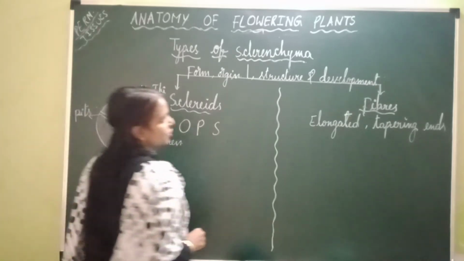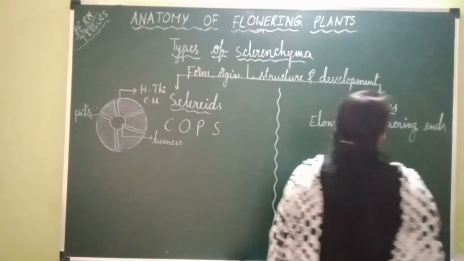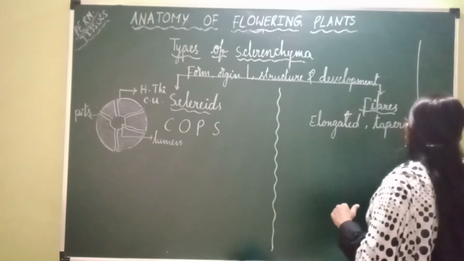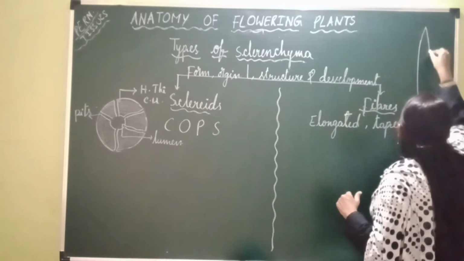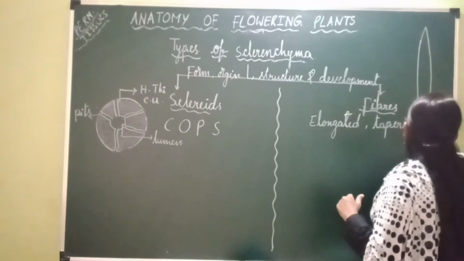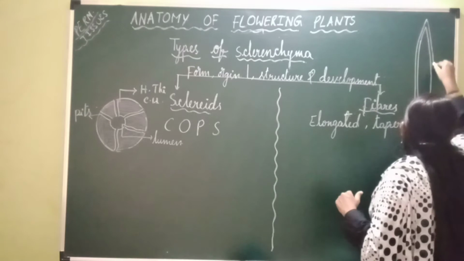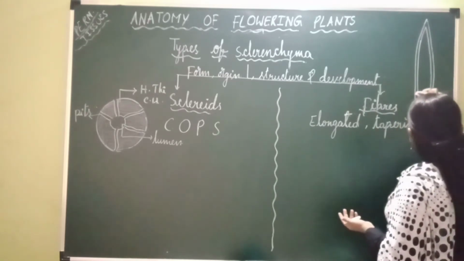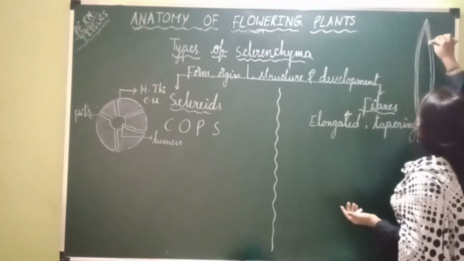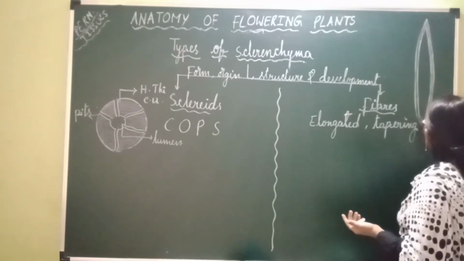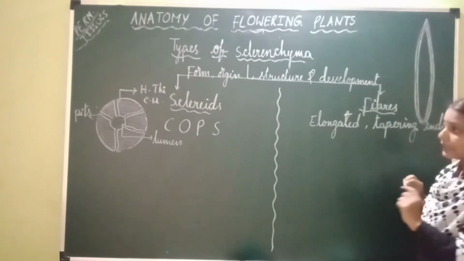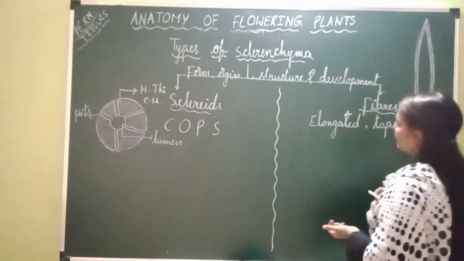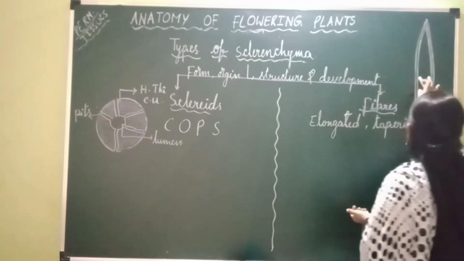Now let's see the structure of a fiber. A fiber is an elongated cell with a highly thickened cell wall, but the thickenings of the walls of fibers are lesser when compared with the wall thickenings of sclerids.